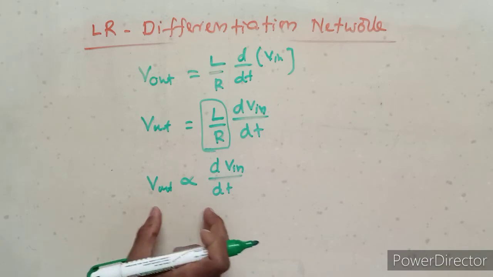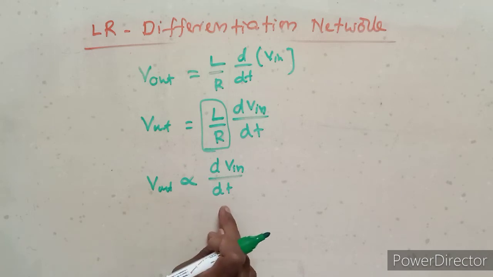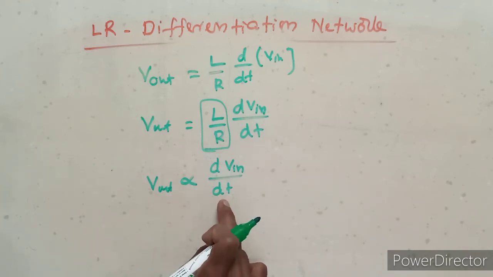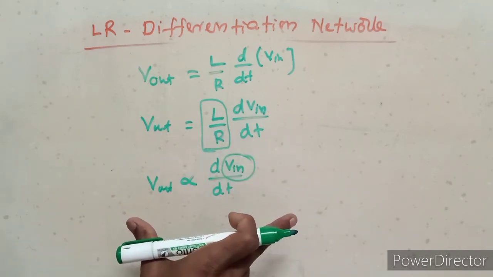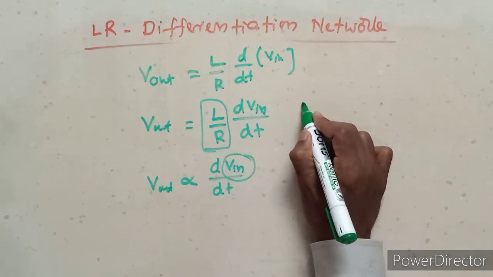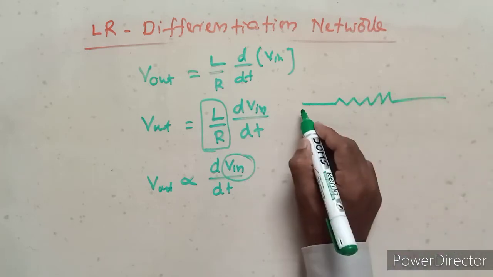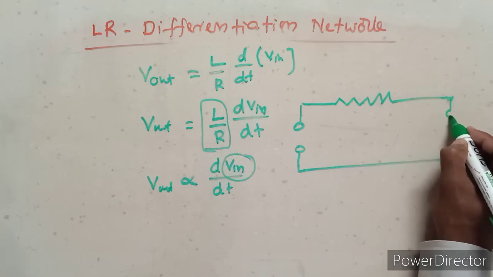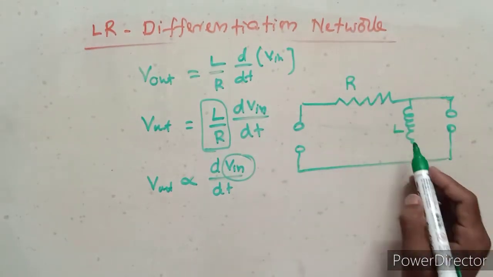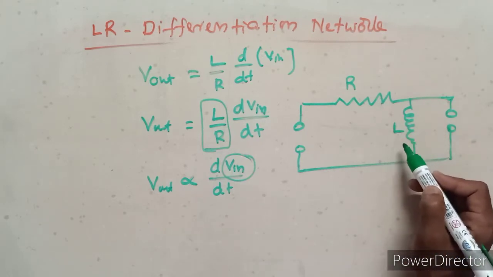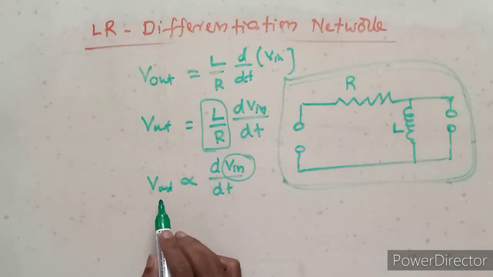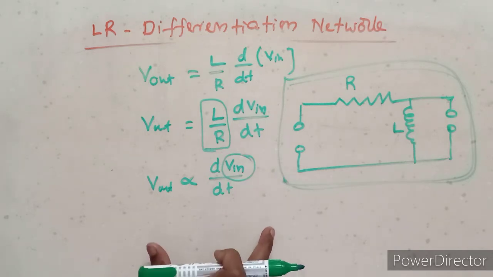So this circuit is called a differentiation network. This is the L, this is the R, and the output voltage is across the inductance in the differentiation circuit. This circuit is used as a differentiation network because the output voltage is directly proportional to the differentiation of the input voltage.